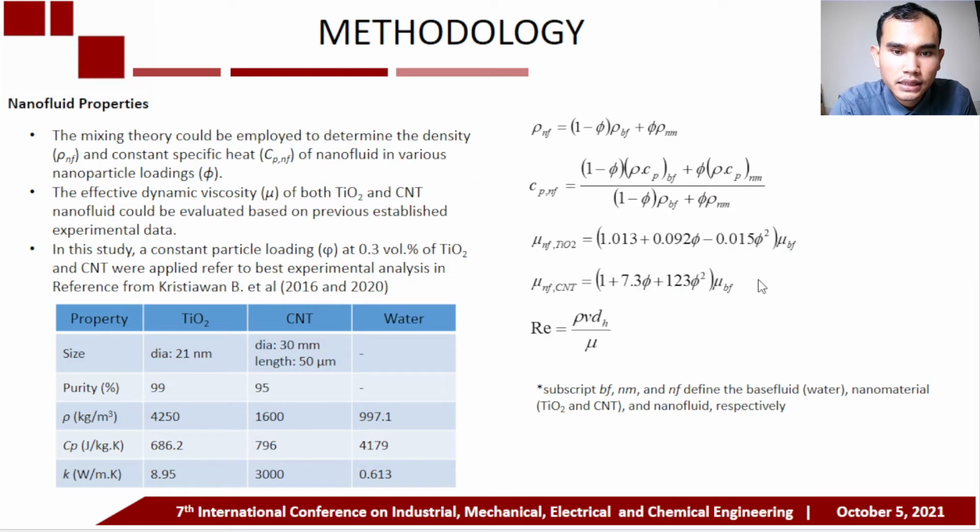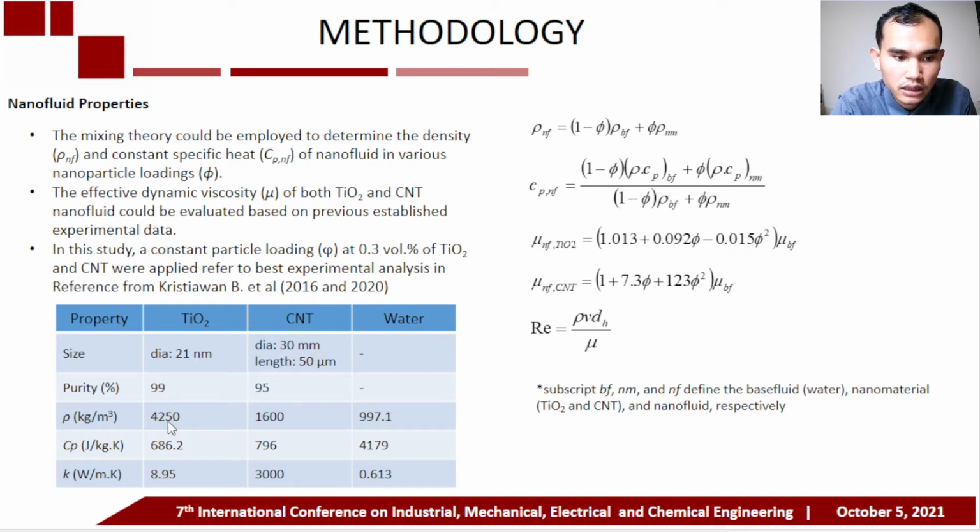The properties of the nanofluid can be examined: the density and constant specific heat by using the mixing theory with this equation, and the viscosity can be evaluated based on previously established experimental data. This is the property of titanium dioxide, carbon nanotube, and also water.